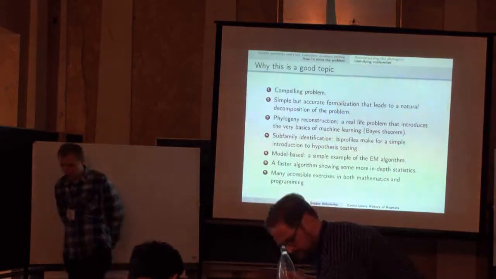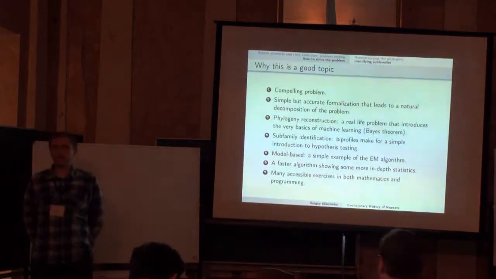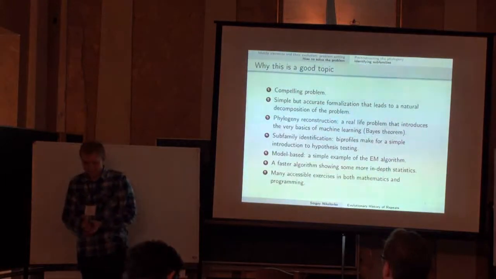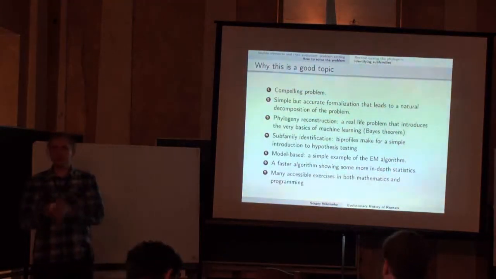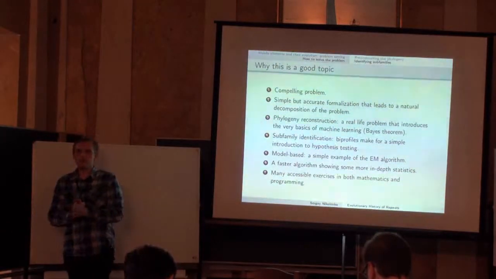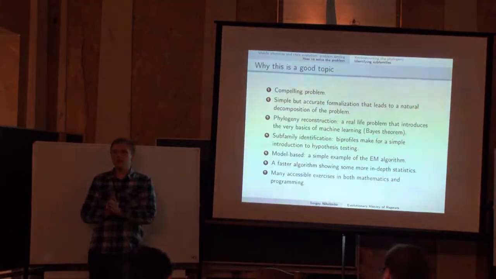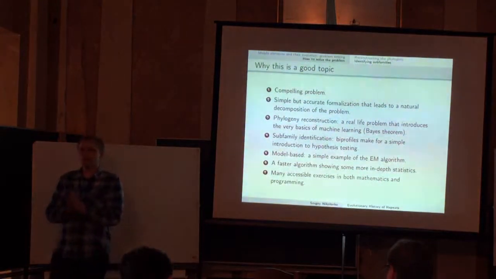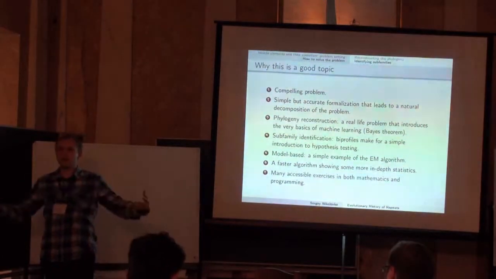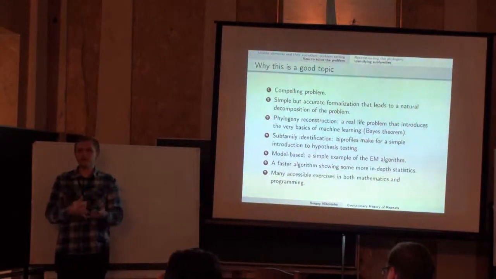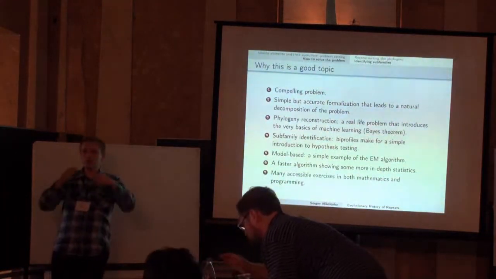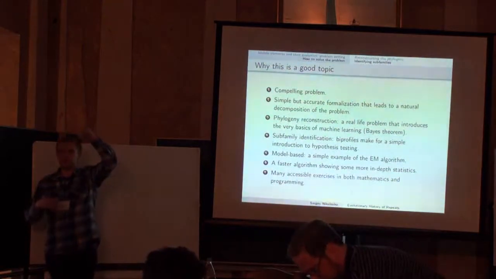Yes, actually, you can construct a unified model that would unite both subfamily identification and phylogeny reconstruction. But this problem is so simple that we do not need this. We would certainly need it if we had missing links in the tree. For example, if we only had, like we have in other phylogenetic problems, only the leaves of the tree, but we do not know the internal structure, and we do not even know the internal nodes.